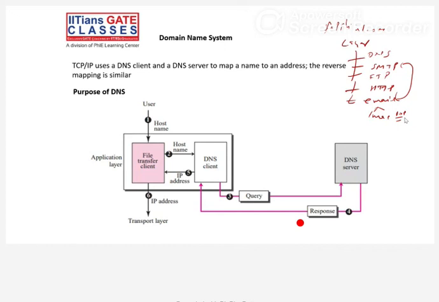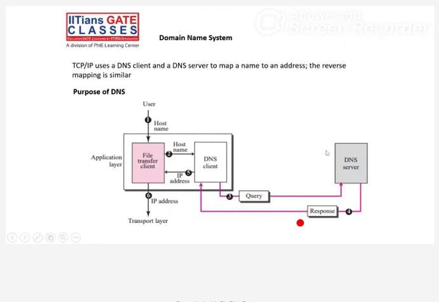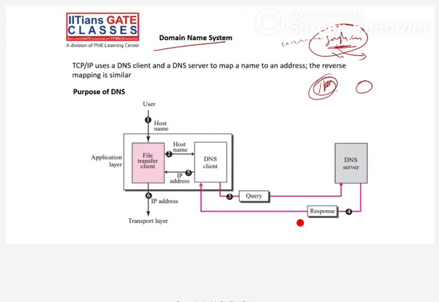Now see the formula of the token bucket: M into S, that is C plus rho into S, where rho is the arrival rate. C is the capacity of the bucket, how many tokens are already in the bucket, plus the arrival rate of the token in that particular time interval, is equal to M into S, the maximum output in the same time interval.